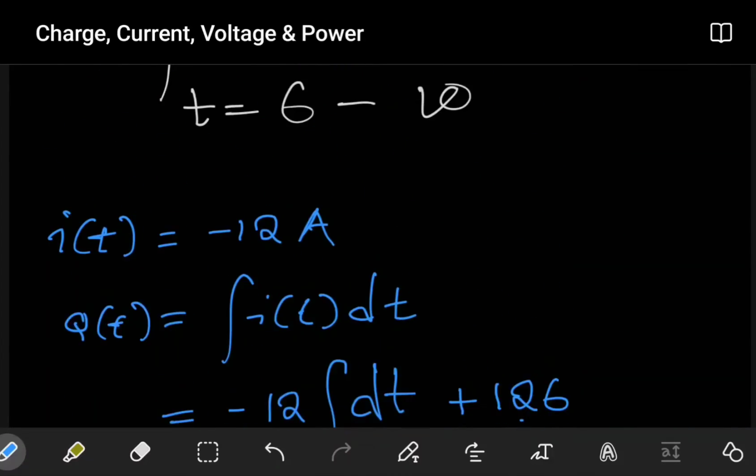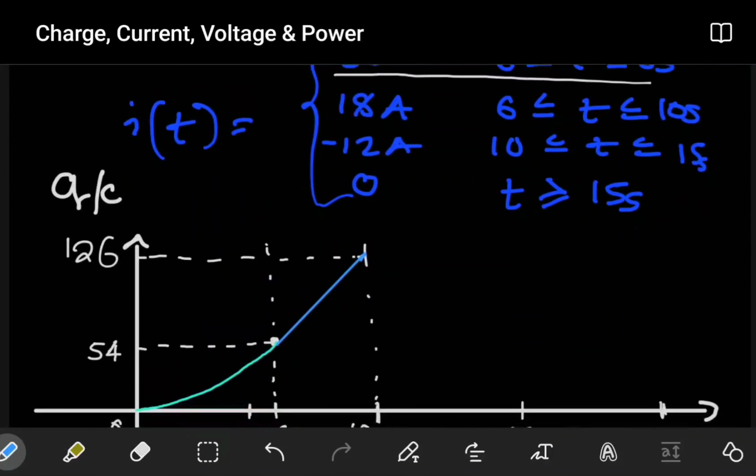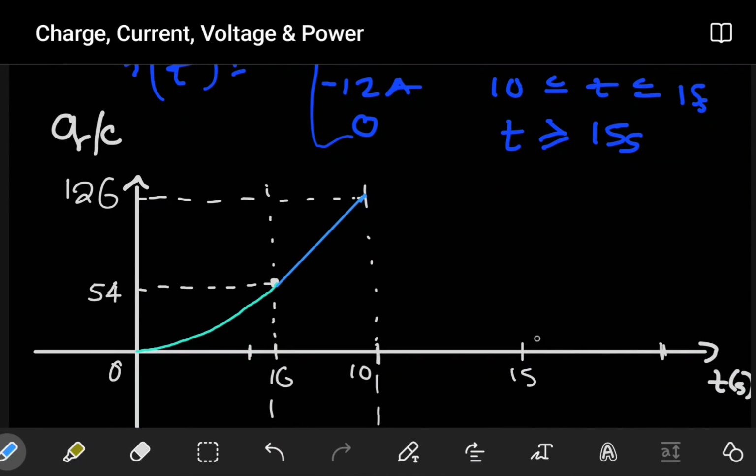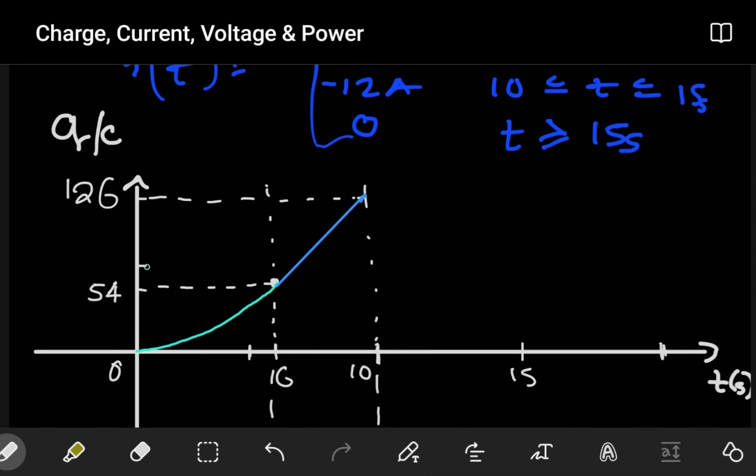Because of that, when we go back to the graph, we know that at this boundary, when t is equal to 15 seconds, 66 is just relatively above the 54, so I'll put it somewhere here, and we'll take it up to where the 15 is.